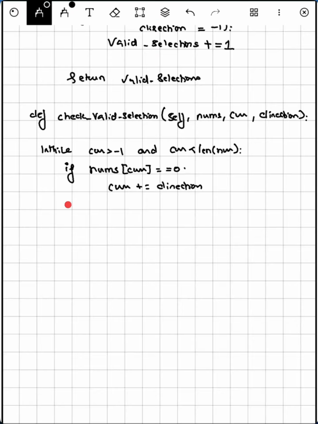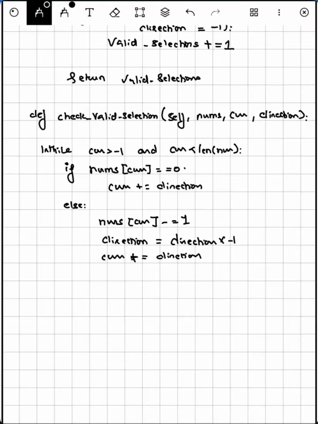And if it is greater, then we'll have the else condition, where we decrement the value by 1 and then reverse the direction. So direction becomes direction times -1. It got reversed, and then I do this step again.